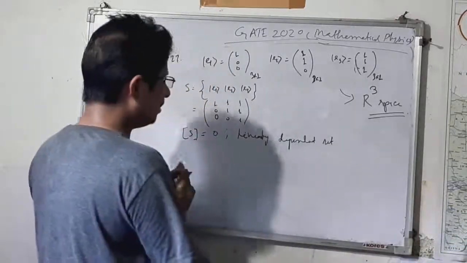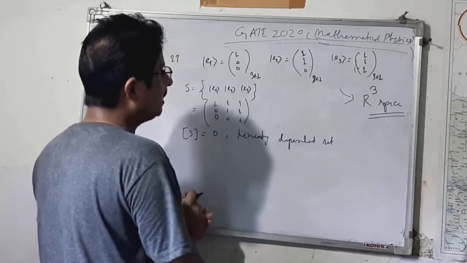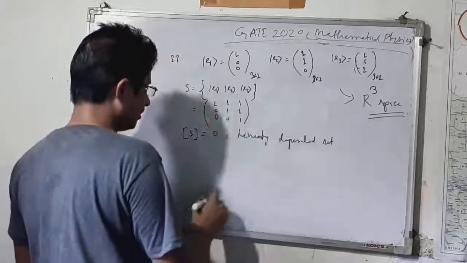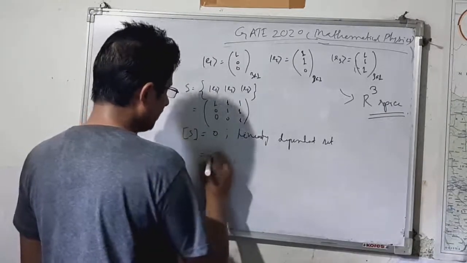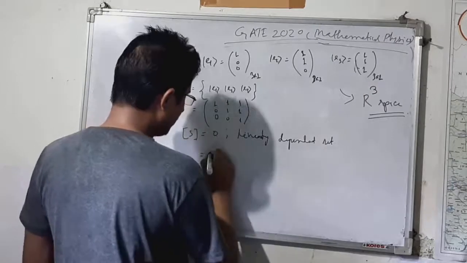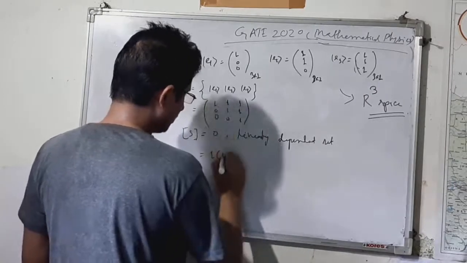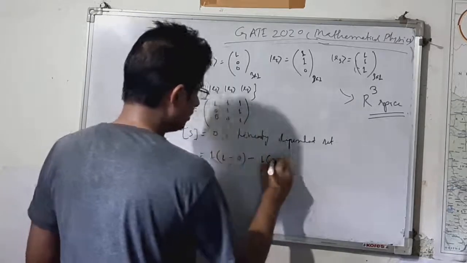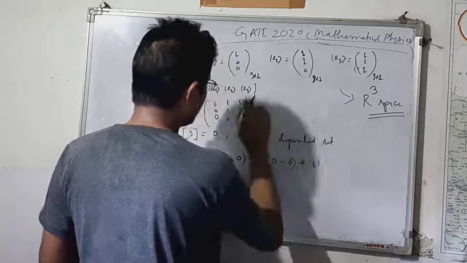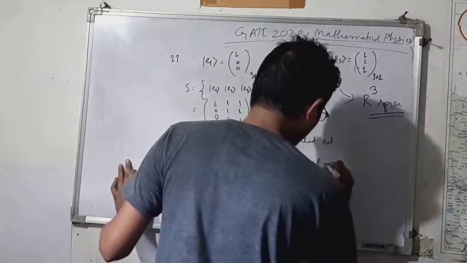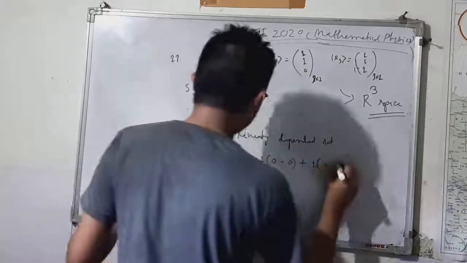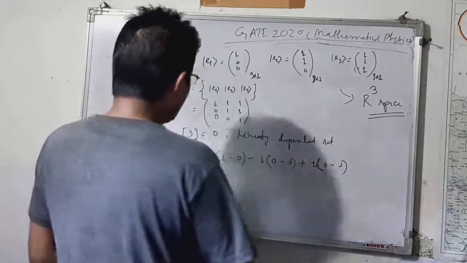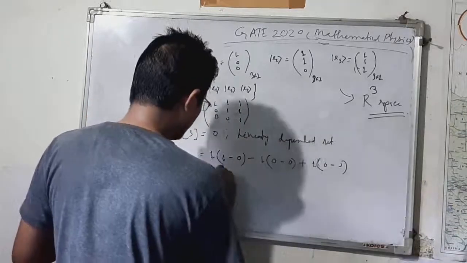So the good way to find whether they are linearly dependent or not is to find the determinant of the S matrix. Here the determinant of S is 1 into 1, minus 1 into 0, plus 1 into 0, so its value is 1, which is not equal to 0.